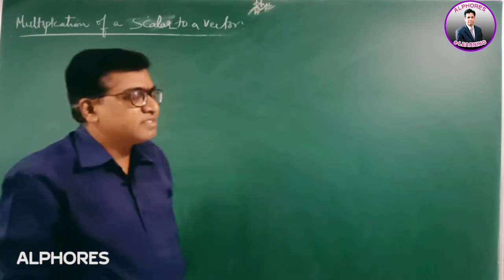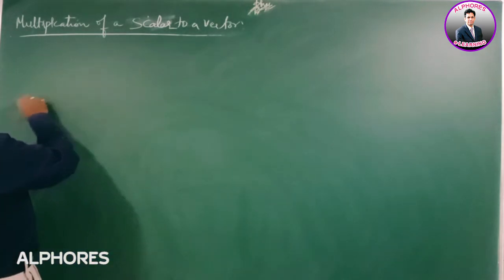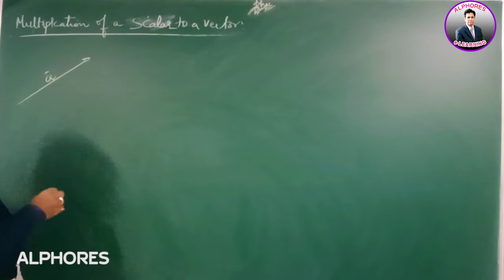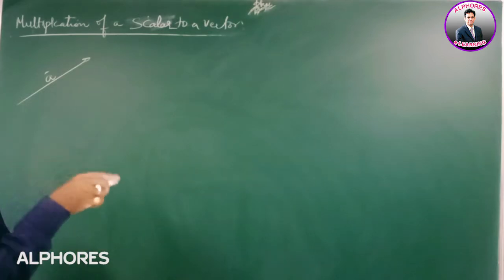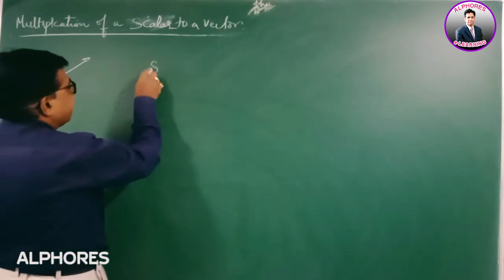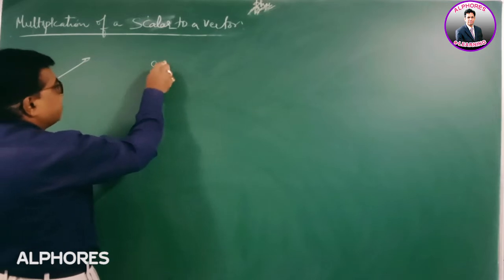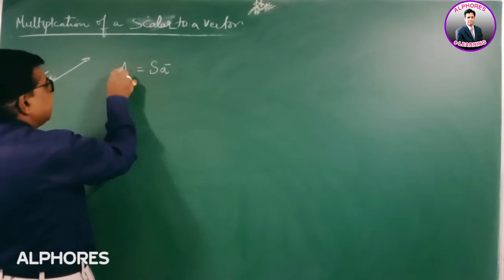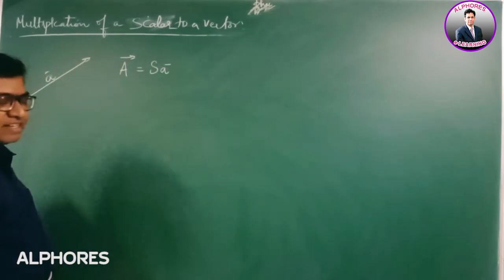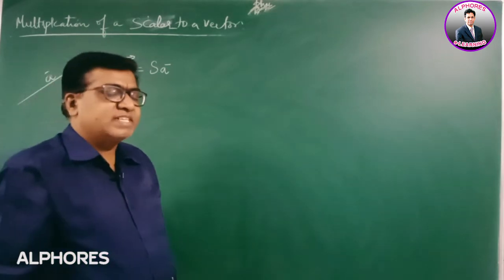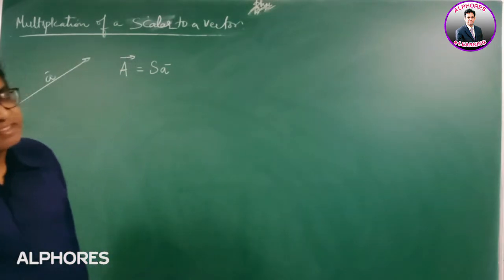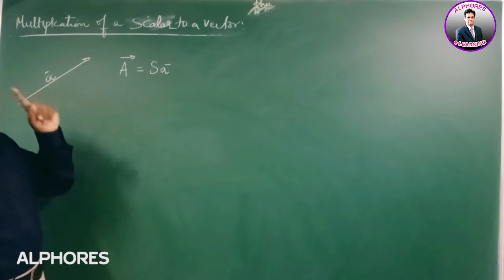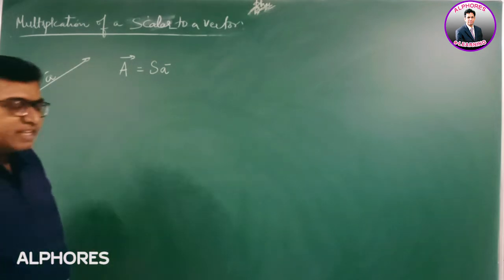Let me consider a vector a bar, to which I am multiplying a scalar s. Whenever a scalar is multiplied to a vector, it yields another vector, a new vector A bar.